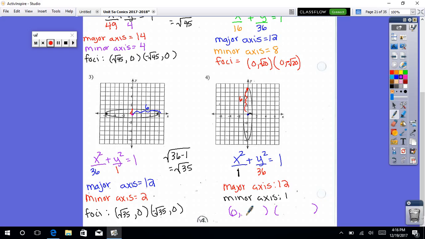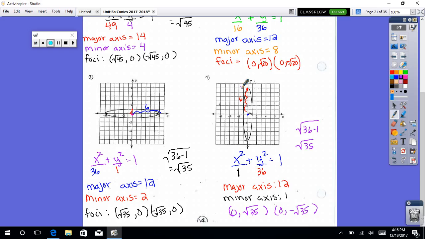So I will have x value of 0. Okay, the math of this doesn't change. I still do big minus little. So I still end up with the square root of 35, except this time it is on the y. So it's 0 positive square root of 35 and 0 negative square root of 35.